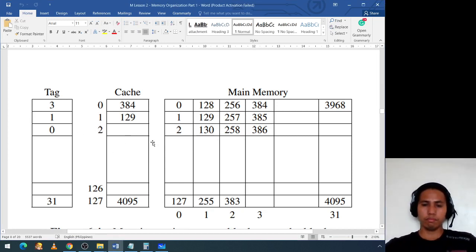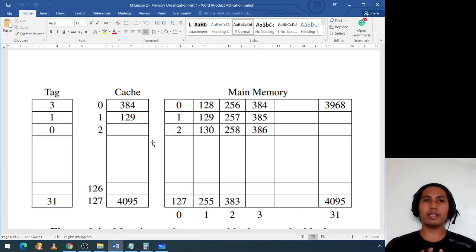Okay? Please do take note that the advantage, ladies and gentlemen, of using direct mapping is its simplicity. Meaning, simplicity in determining a place for the incoming block. So, madali lang kunin yung block number ng paglalagyan mo ng incoming block.